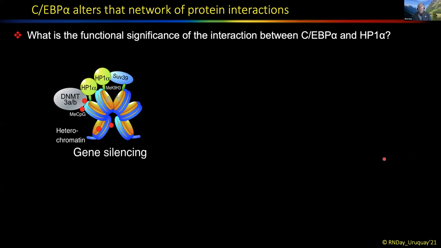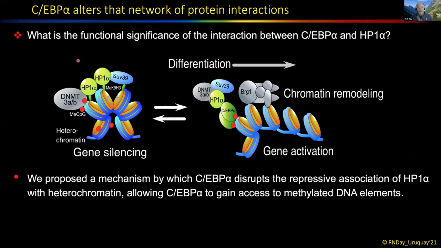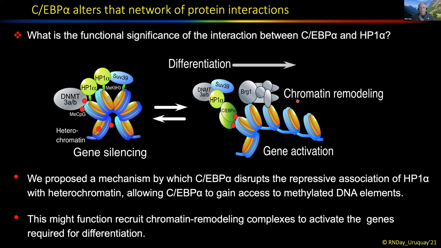And so what we think might be going on is that when CEBP alpha wants to turn on genes required for differentiation, it simply comes in and interacts with HP1 alpha, binds to the methylated promoters it wants to turn on, and disengages HP1 alpha from this complex, allowing chromatin remodeling proteins to come in and begin to remodel that chromatin and turn on these genes required for differentiation. So it functions to activate and turn on these genes in heterochromatin.